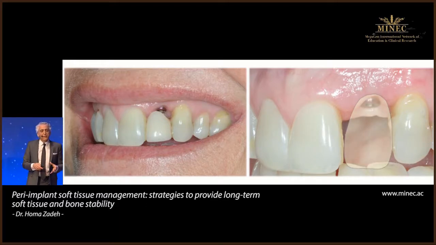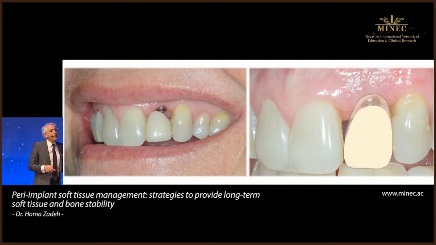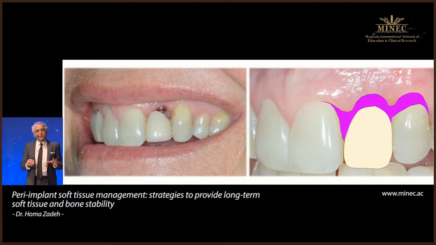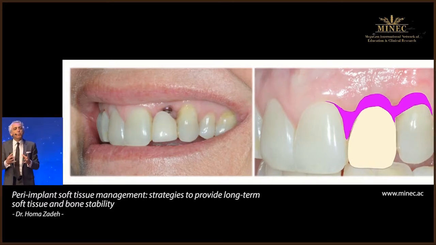And I could see his point, because ideally, you want to have this kind of restorative contour. And then if you consider the ideal contour, there's a significant amount of deficiency around the implant and around the adjacent areas. So the further facially the implant is placed, the more the mucosa is receded.